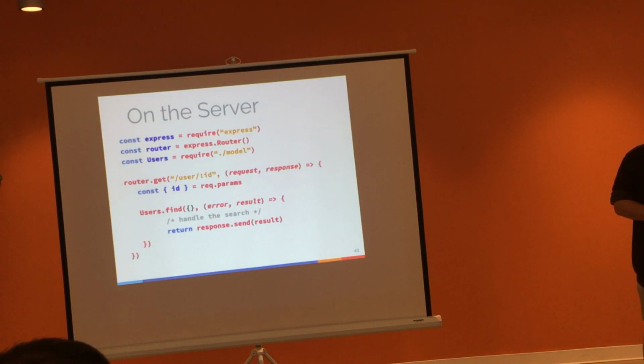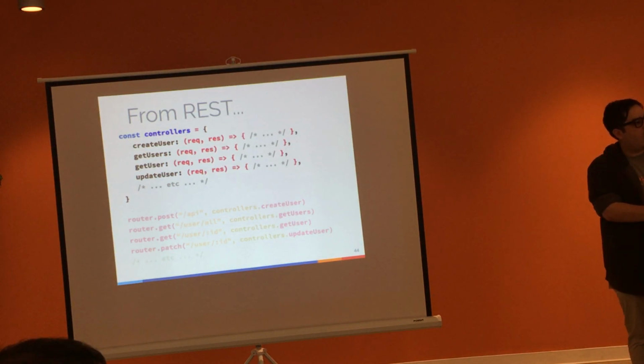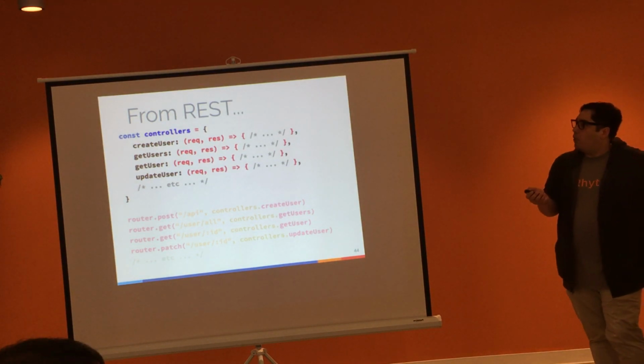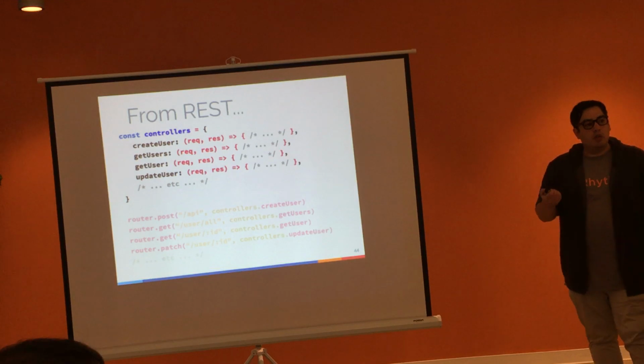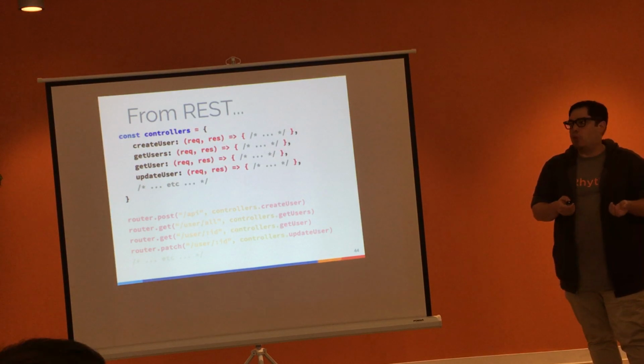On the server, this is an example that I showed before of what you might see on the back end. To give you an idea of how your code is going to change if you were to refactor over to GraphQL: if you have what we call the RESTful architecture, which is our traditional approach to building routing in the back end, where we map the types of your requests to how you set up your routes for those requests.